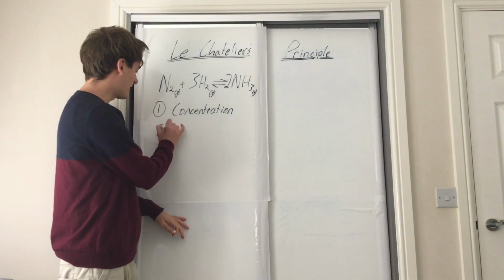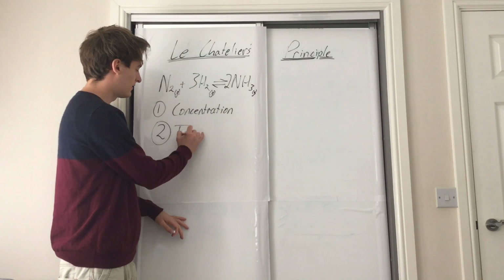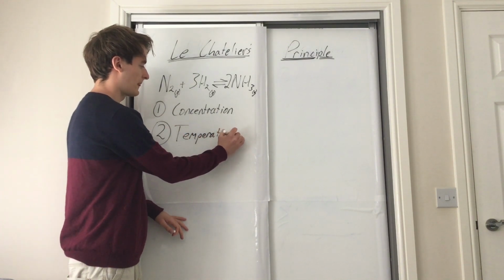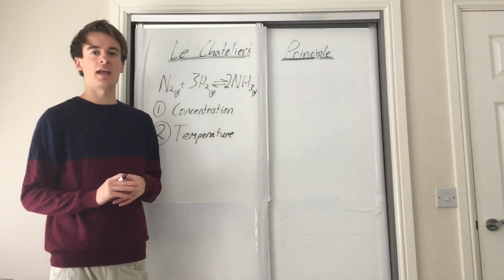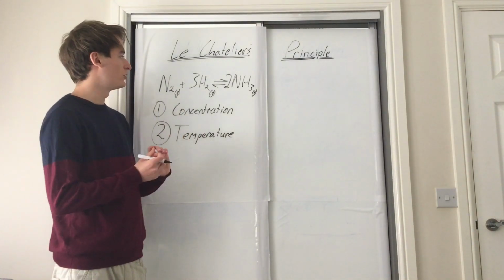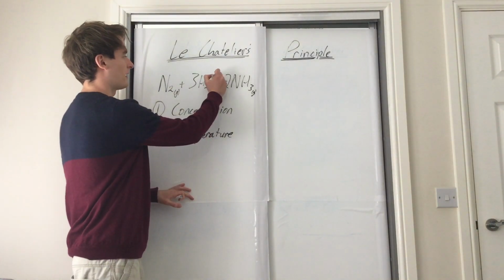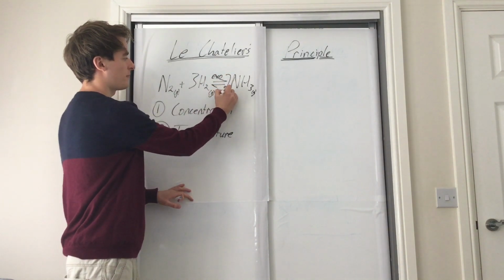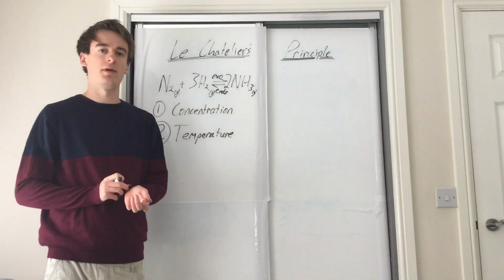The second effect we can look at is temperature. And bearing in mind again that it will shift to oppose the change made. Now this forward reaction is exothermic and this backward reaction is endothermic.